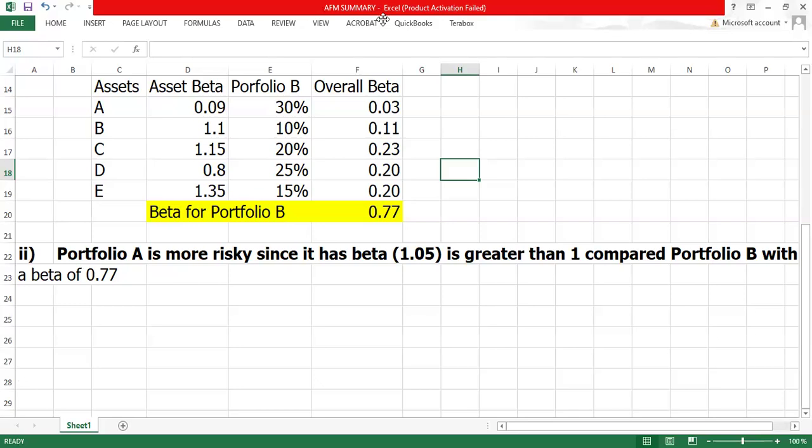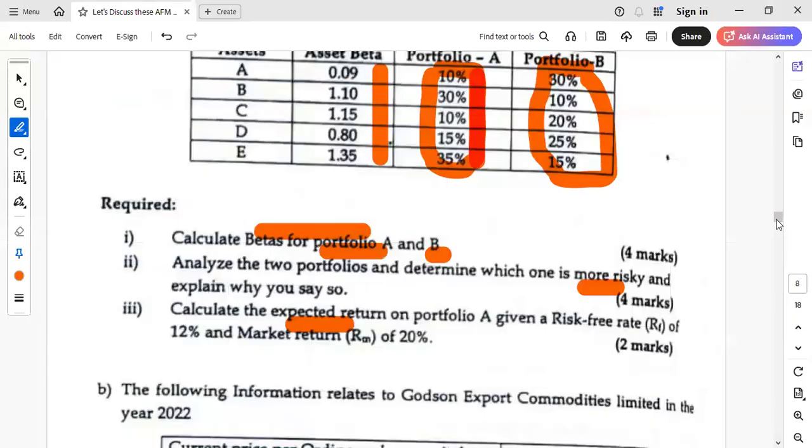Then next, we are done with Roman 2. Roman 3, we are told to calculate the expected return on portfolio A. Now they are specific. Portfolio A, given a risk-free rate of 12% and market return of 20%. So how do you get this?